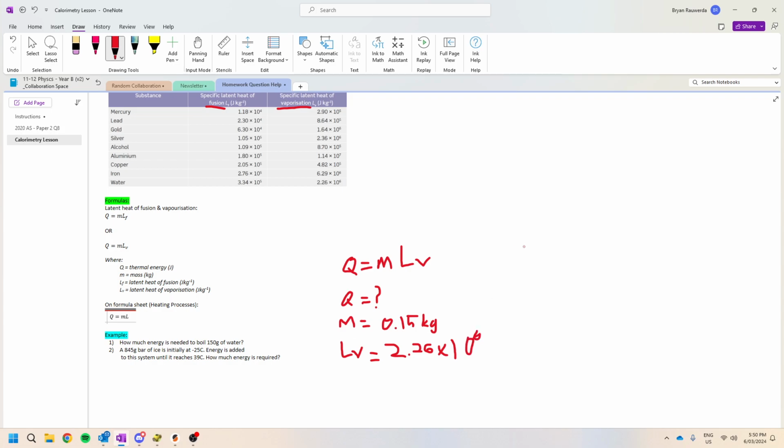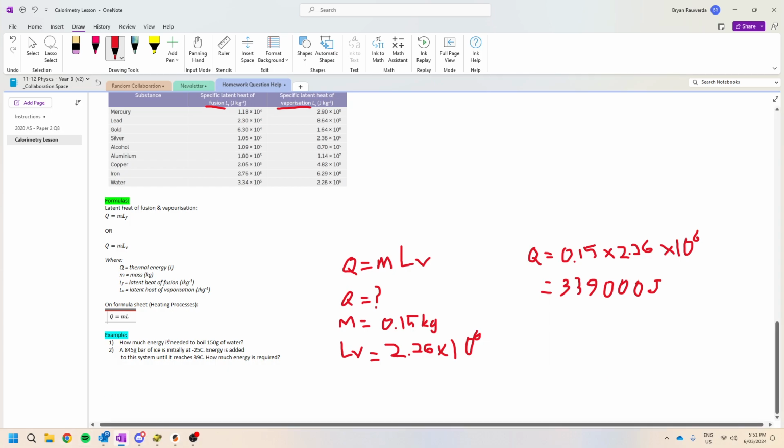And then we just chuck it all in the formula, and so we get Q equals 0.15 times 2.26 times 10 to the 6, and we end up with 339000 0, 0, 0, and because it's Q, it's got to be joules. So there's joules, and that is our answer for question 1.